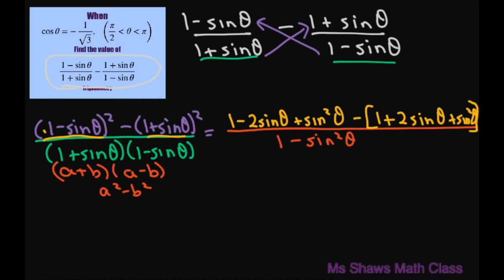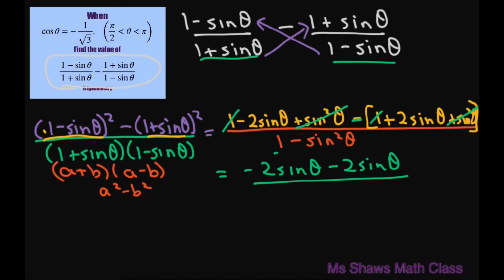All right. Now since we have this minus here, what's going to happen? We have 1 minus 1, and we have sine squared minus sine squared. And this is going to end up being two negatives here. So basically what we have is -2 sine of theta minus 2 sine of theta.